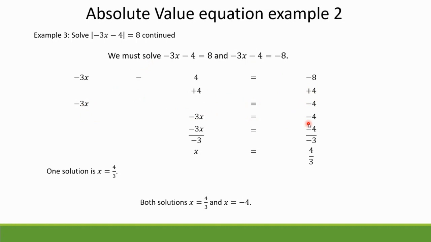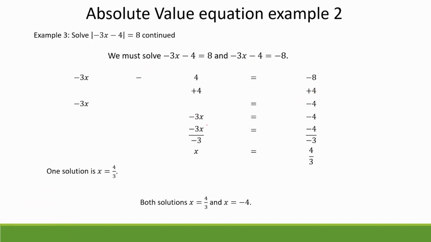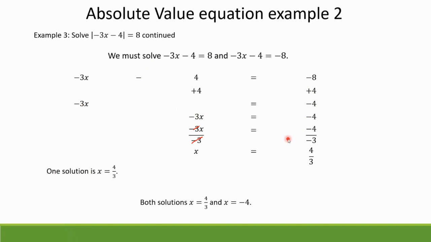But we don't want -3x, we want x all alone. So we divide both sides by -3. They'll cancel here, and we get x equals -4 over -3, which is 4 over 3. So that's what we get here.